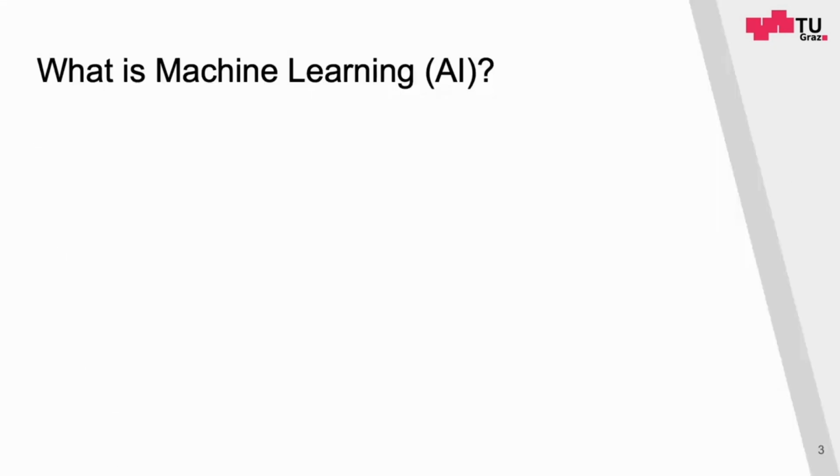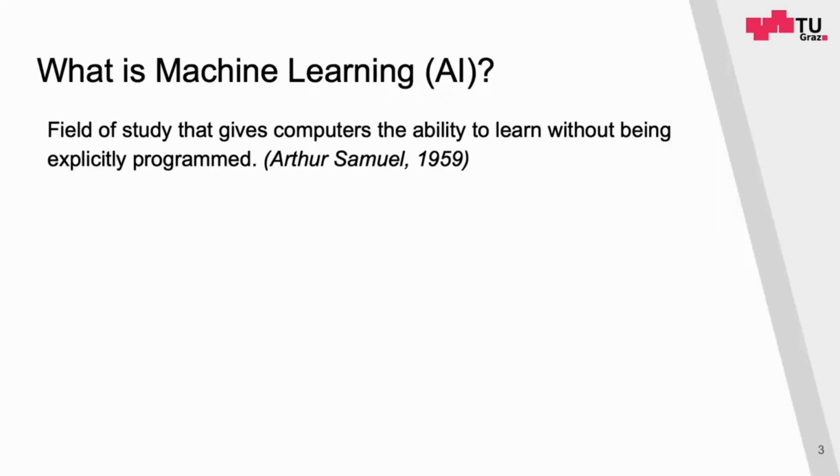So what is machine learning, or in short AI? If we look at the definition by Arthur Samuel, then machine learning is a field of study that gives computers the ability to learn without being explicitly programmed.